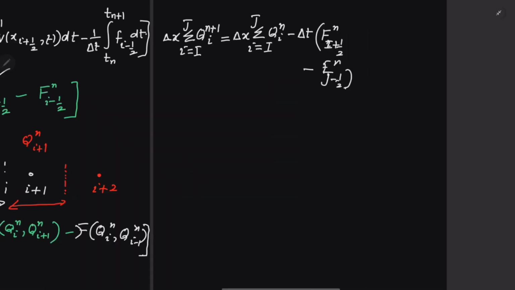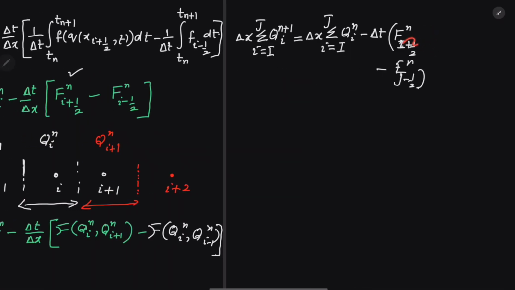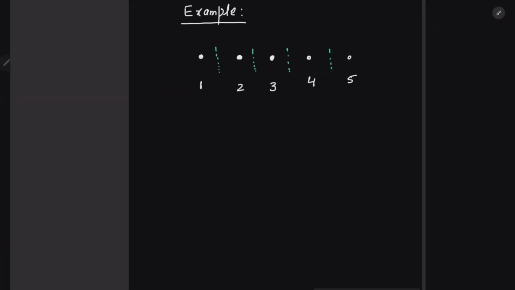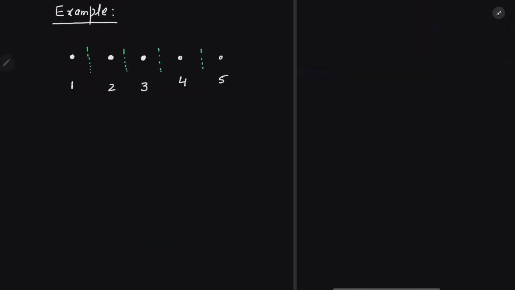As we saw that we have some fluxes, the contribution of flux is coming from capital I and capital J. Let me just put the value of capital I equal to 2.